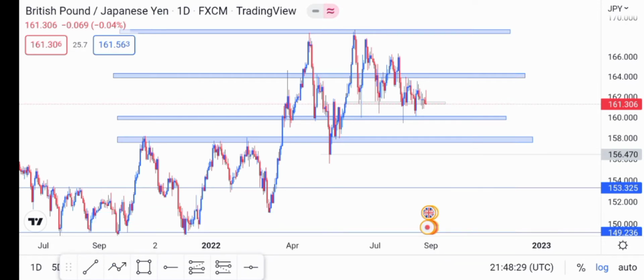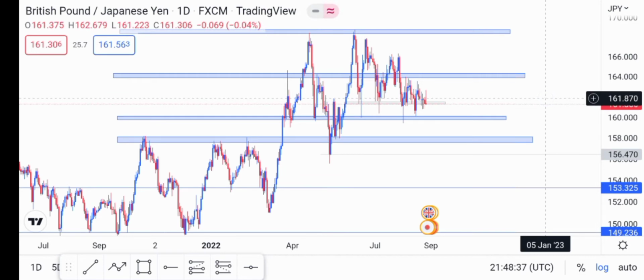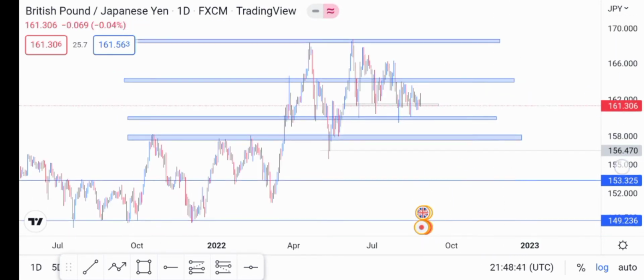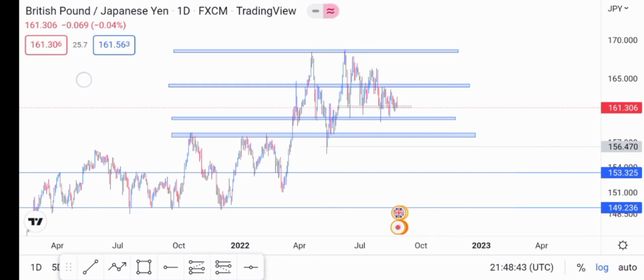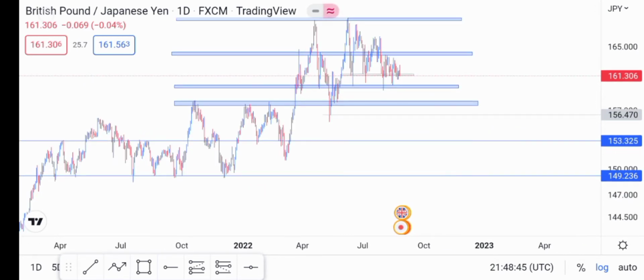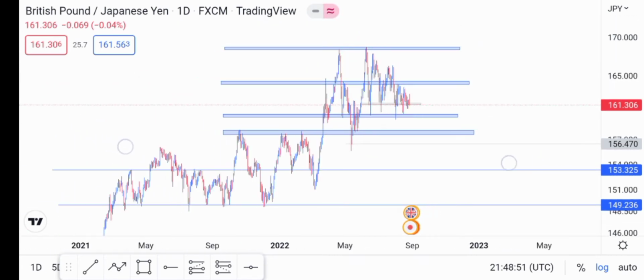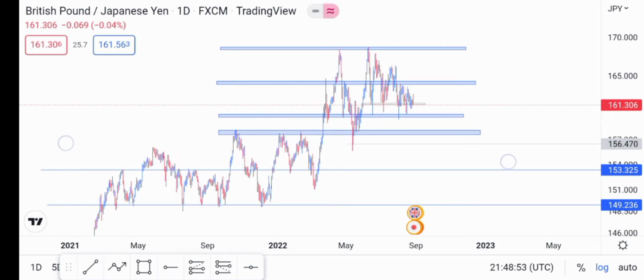Okay, so as you can see, you're on GBP, JPY on the daily time frame. Currently the market is around this area here, and as you can see, I've already laid out all my levels on the charts right over here.